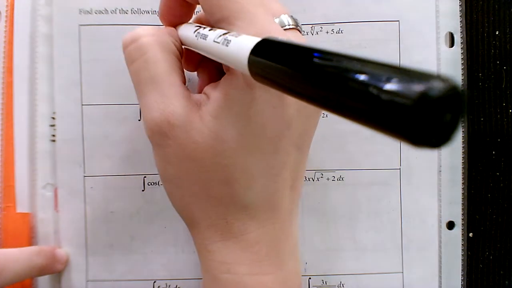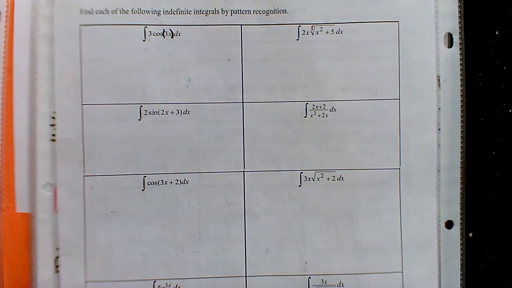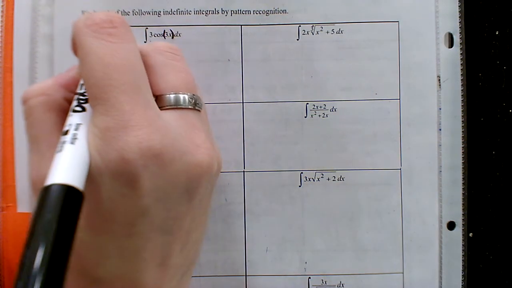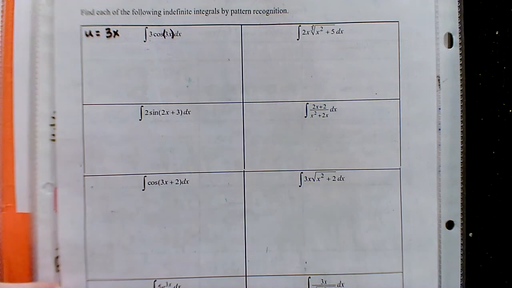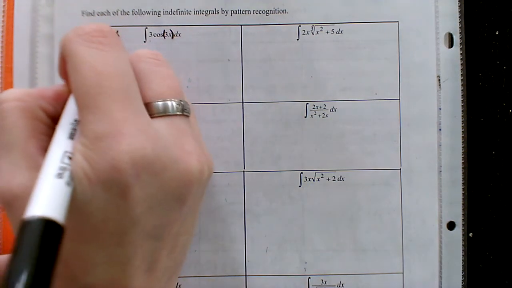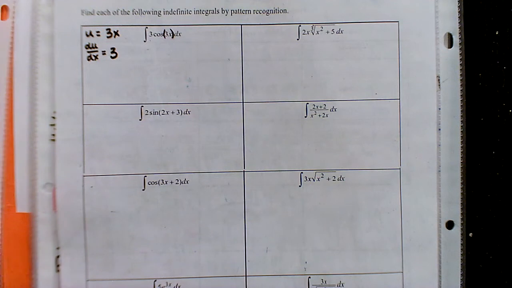Let's take a look at the first one. Maybe we want to put the 3x in parentheses because sometimes trig functions have them, or at least they should, in my opinion. What can we label as u? 3x. That's the inside of that function that we're starting with. The derivative of that is 3.